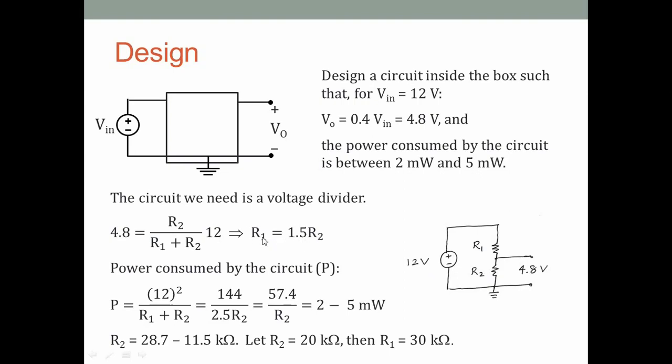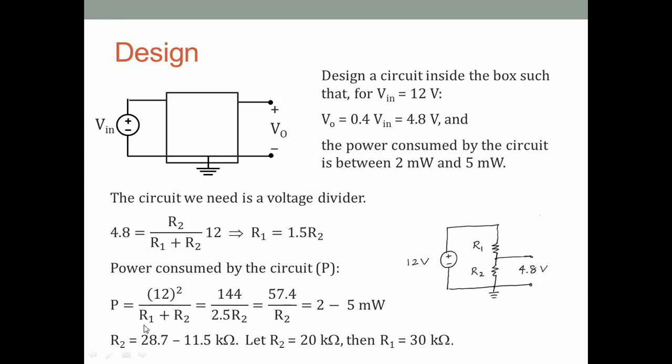So that's one equation. The other condition we are given is that the power consumed by this circuit must be between 2 and 5 milliwatts. The power of course is consumed only by R1, R2. So how much is the power consumed? It is Vin squared divided by the total resistance, which is R1 plus R2.